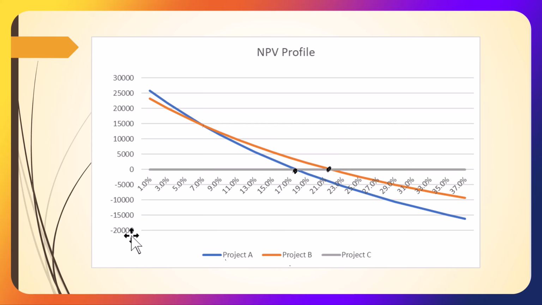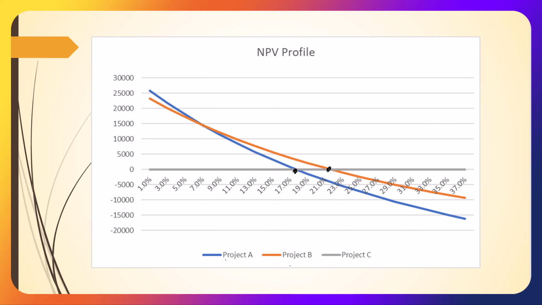The vertical axis represents the net present value at the differing weighted average cost of capital for the projects. And again, note that there are parts of this graph where A has a higher net present value than B. But then if we continue over, we see that that switches.